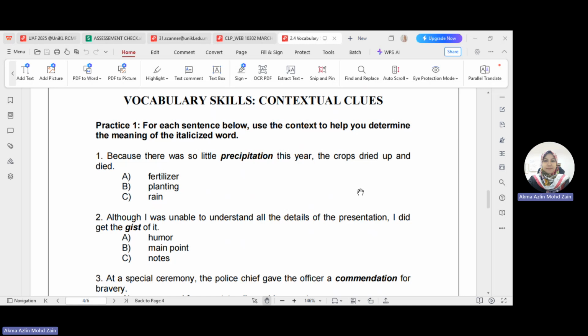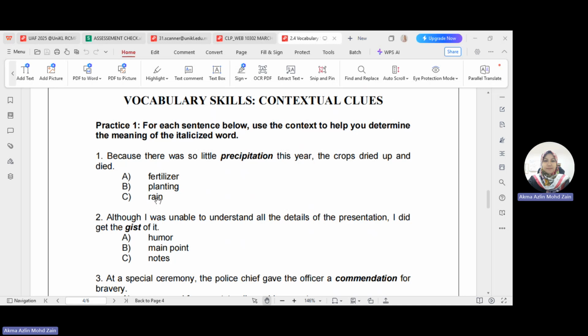The crops, or the plants, dried up and died. So the answer is likely rain, because with so little precipitation that year, the plants dried up, kering dan mati. So of course, it refers to rain. So the answer is likely C, rain.